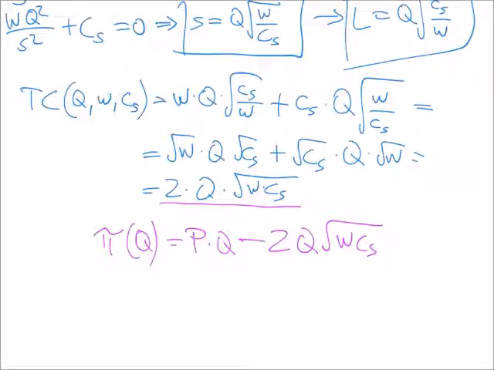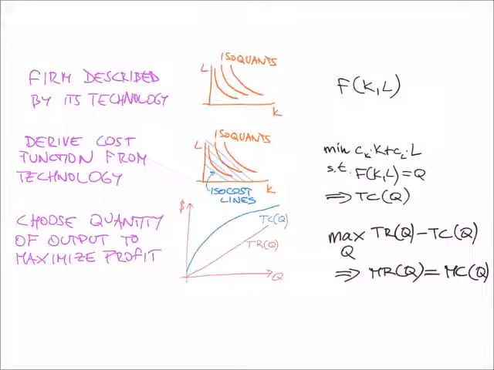Okay, the last thing I want to show you is the same thing graphically, to quickly represent exactly the same thing that we solved for algebraically. To quickly summarize, we went from describing a firm by its technology to deriving its cost function from its technology to choosing quantity of output using the cost minimizing cost function.